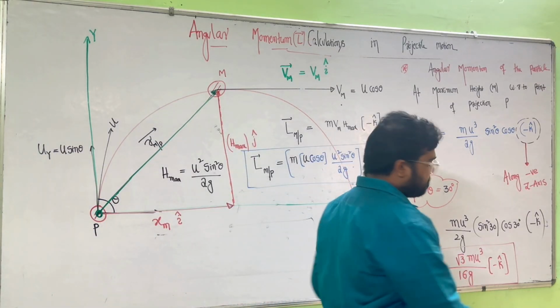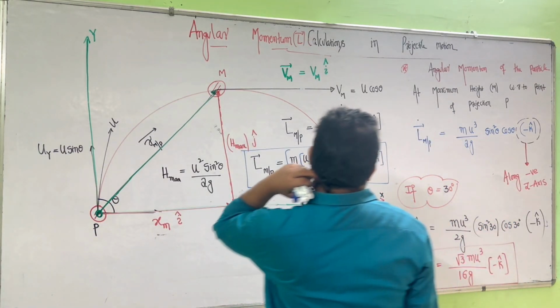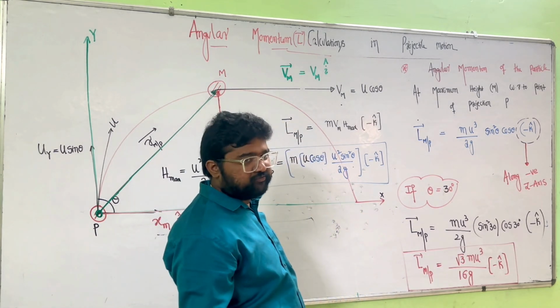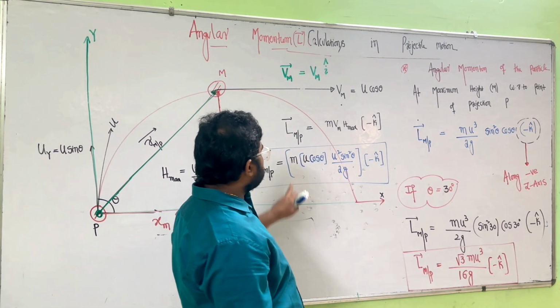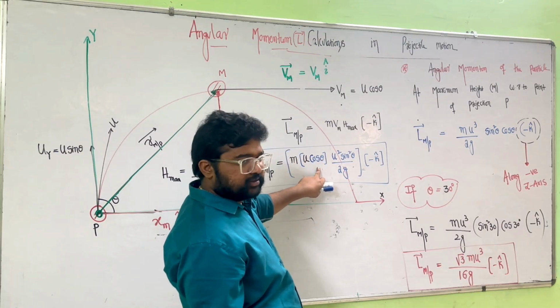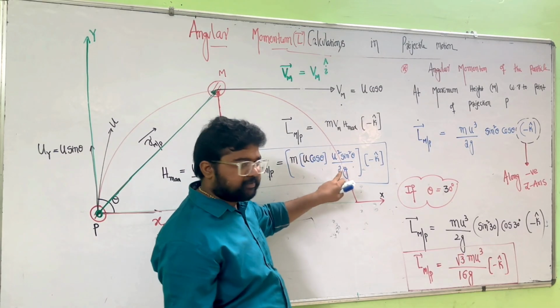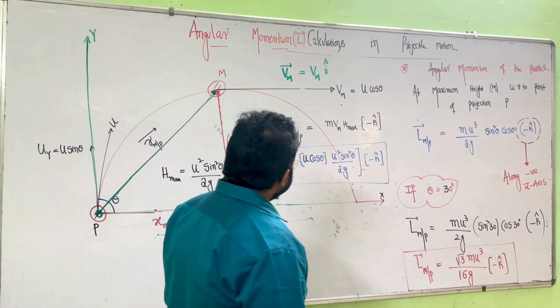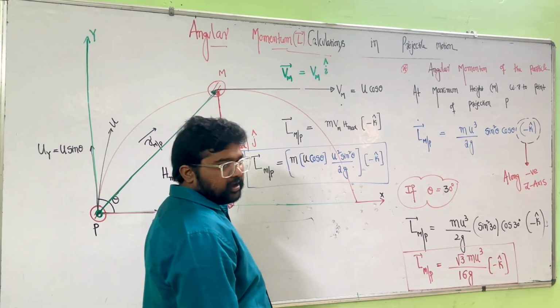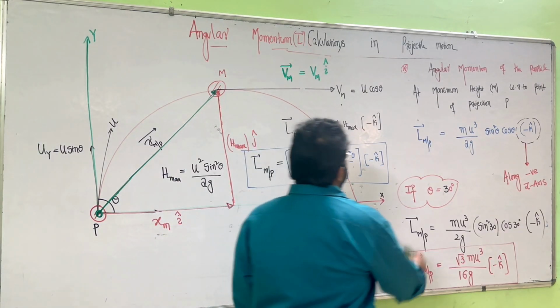This part completed. Are you getting the same? MVR, M U cos theta, U square sin square theta by 2g. Okay, so M U cube sin square theta cos theta by 2g along negative z axis.